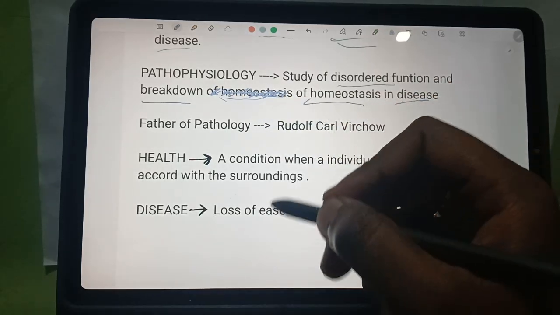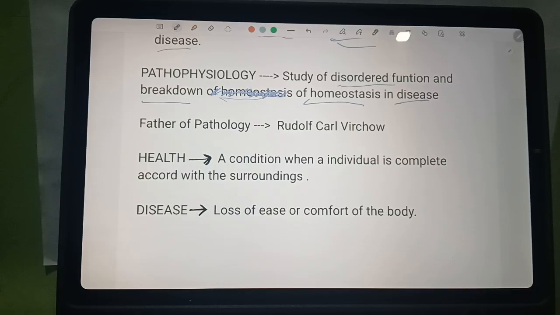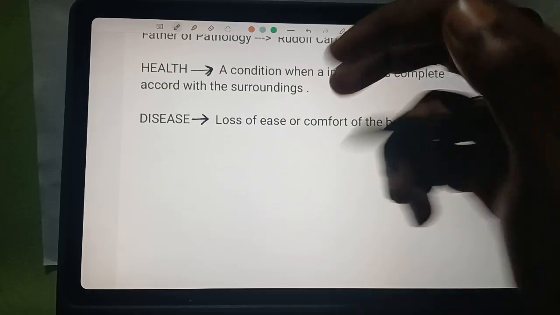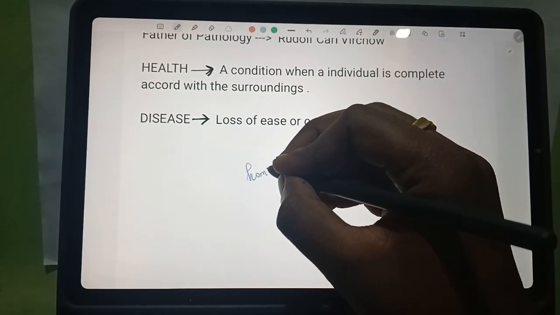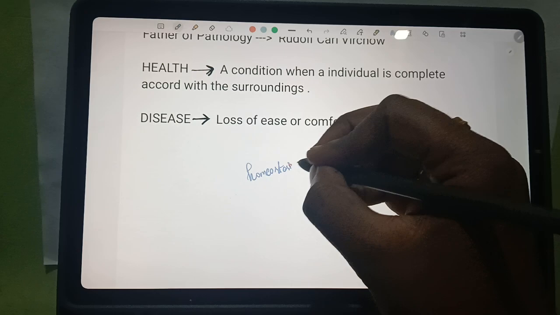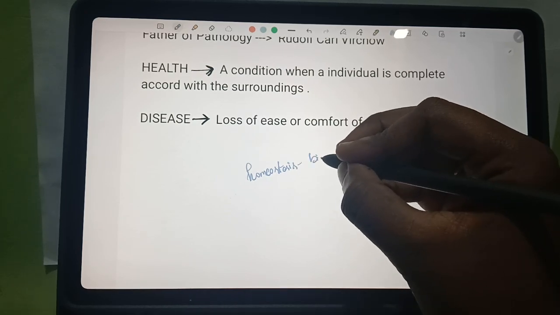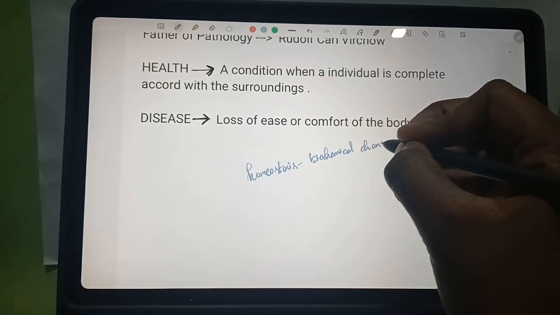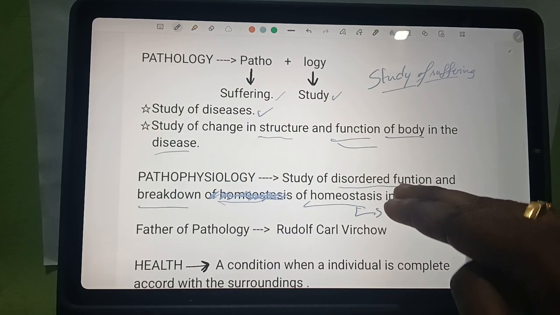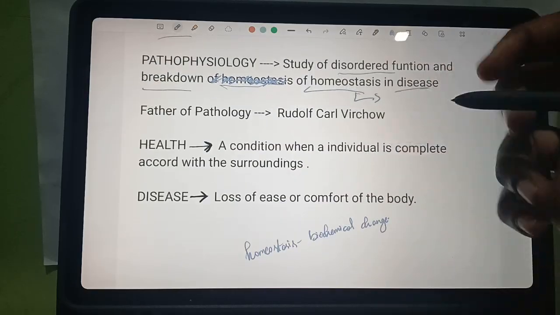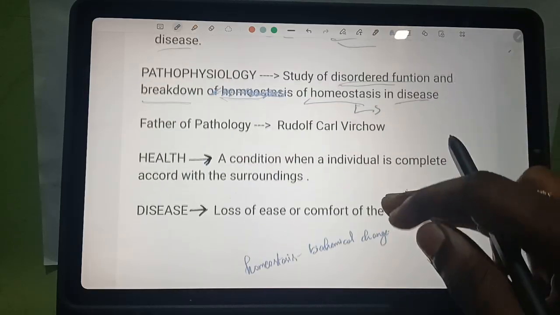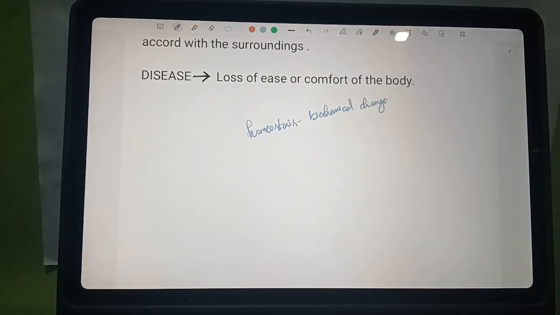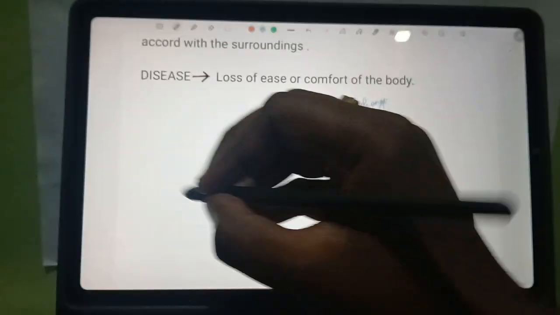Breakdown of homeostasis in disease means a biochemical change in the body. Homeostasis means a biochemical change. It is the study of disordered function and breakdown of homeostasis in disease. Homeostasis means biochemical change, and disordered functions.